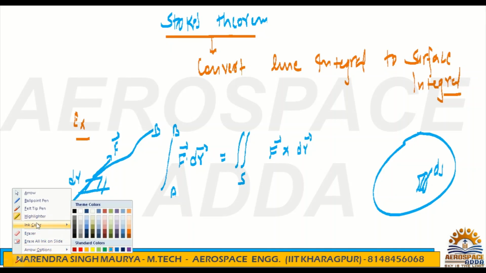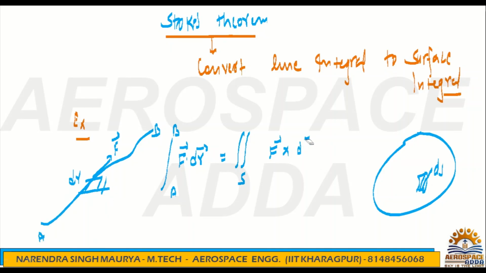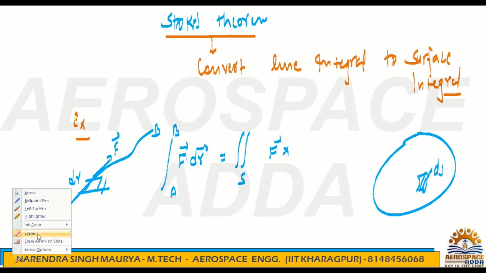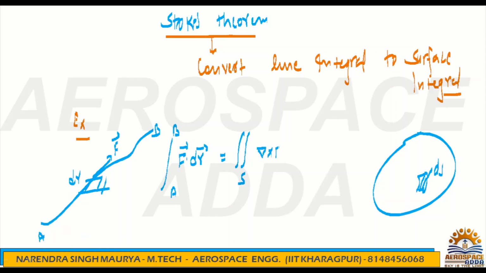So this is the Stokes theorem: curl of F vector dot n cap into ds. This is what Stokes theorem is.